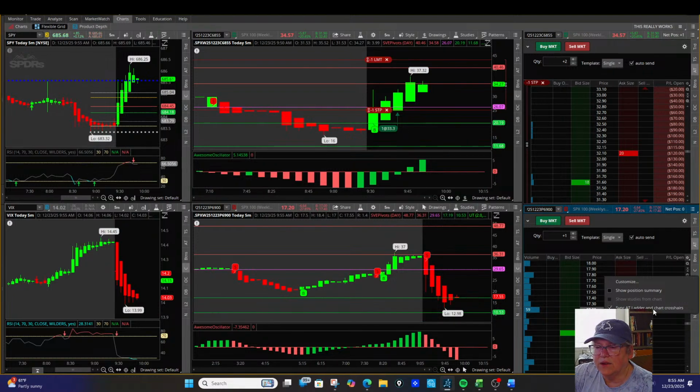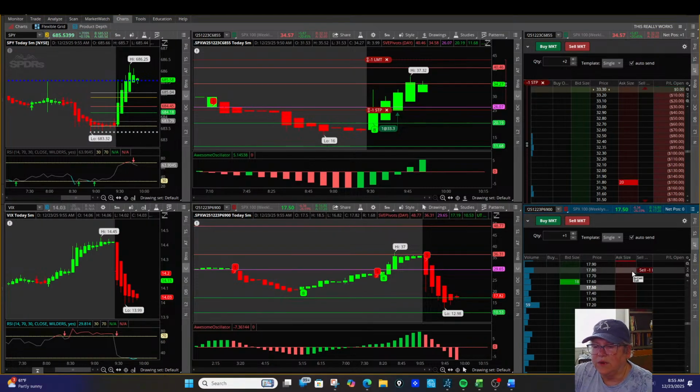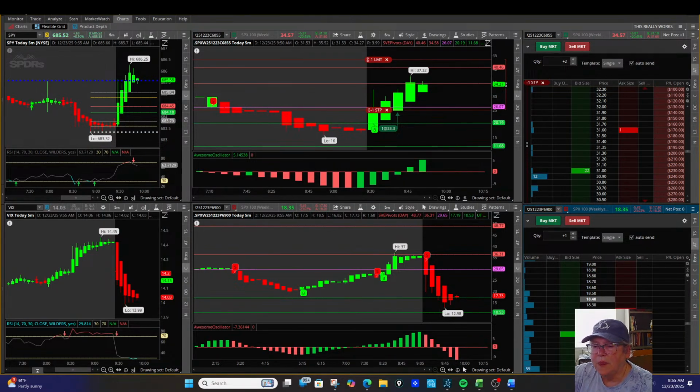Sync at ladder and chart crosshairs. This just means that we can see what the bid and the ask is. It will follow it along, and it will follow what the price is. So if it goes up, it should follow right behind it.